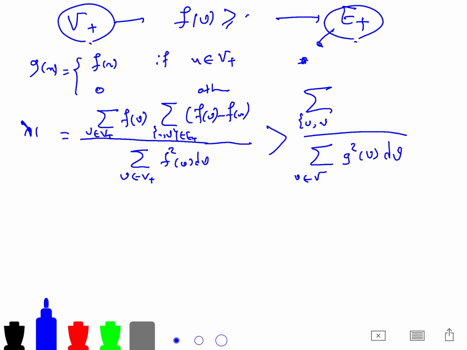Here, u and v is an edge in E plus, (g of u minus g of v) squared. Now let's carry on.